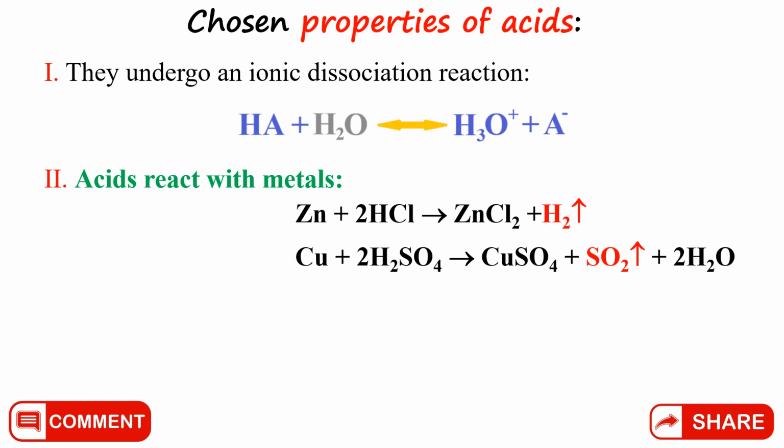Sometimes a reaction of an acid with a metal releases hydrogen, sometimes other oxides, and sometimes a reaction does not occur at all. These types of reactions are influenced not only by the properties of the acid, but also by the type and the nature of the metal. The general rule is that the more noble the metal, the less active it is, and vice versa.